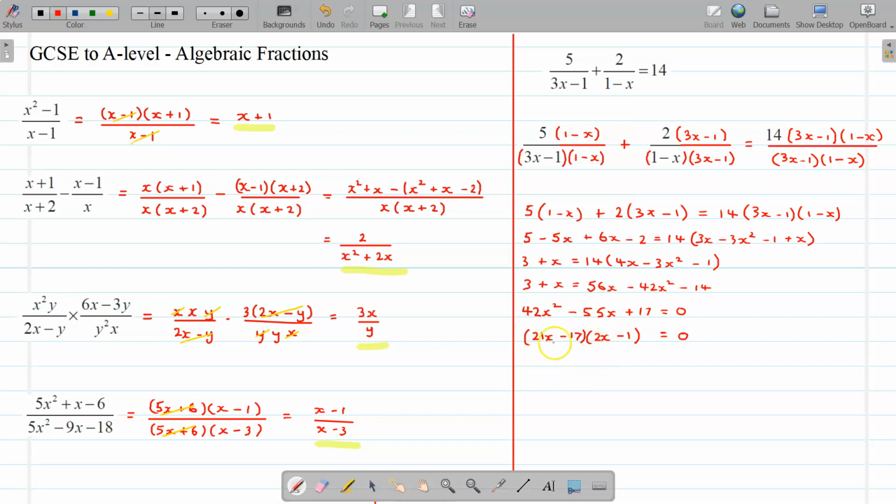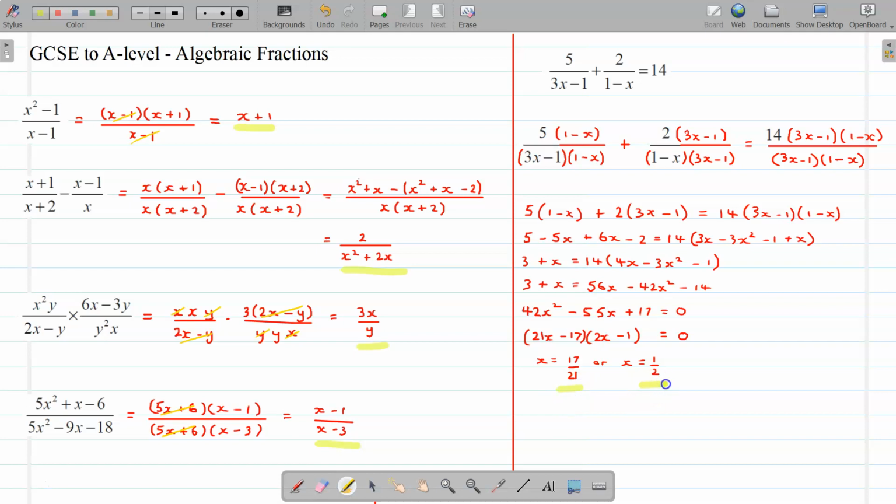Because for that to equal 0, x would have to be the fraction 17 over 21. Okay, and for this bracket to be 0, x would have to equal a half. Okay, because 2 times a half is 1 minus 1 is 0, you see.